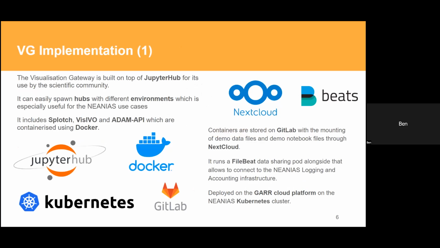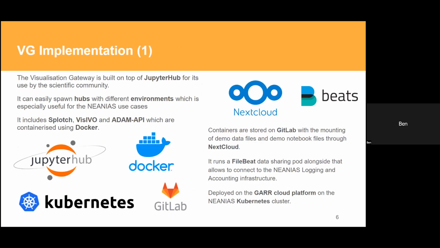The Visualization Gateway is currently implemented on JupyterHub, and each of the hubs in JupyterHub is basically a container which can run Python code, which can execute whatever you'd like.